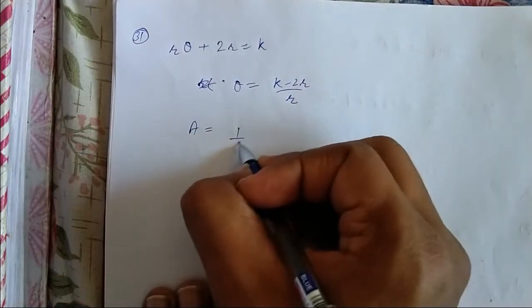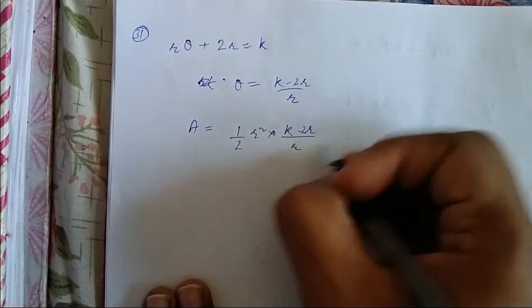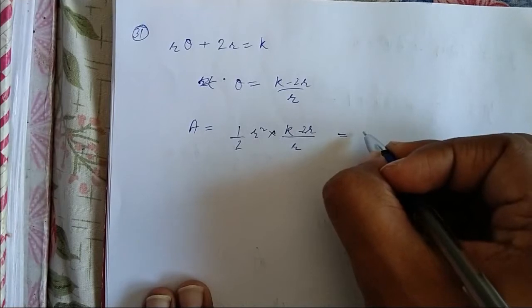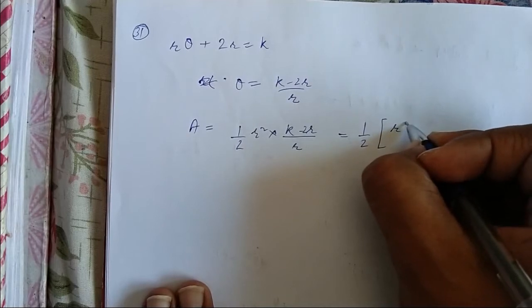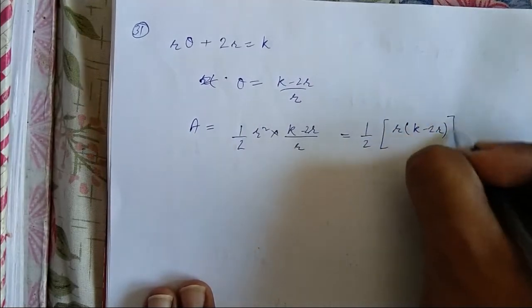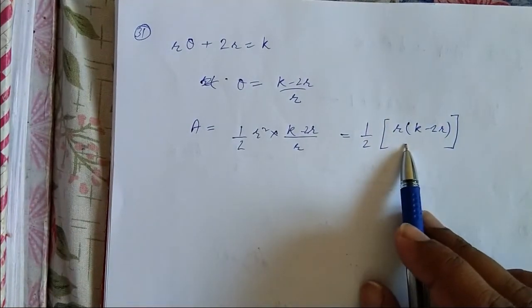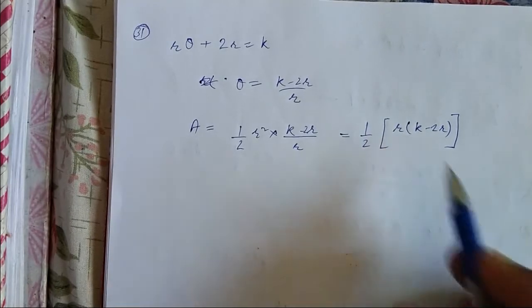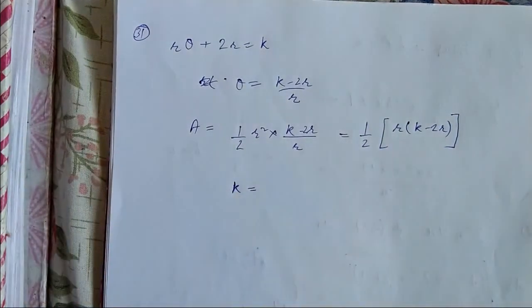Okay, now let's calculate its area. Area would be half of r square into theta, k minus 2r upon r, which is equal to half r into k minus 2r, and this is a downward opening parabola which would be minimum at the midpoint of its roots.